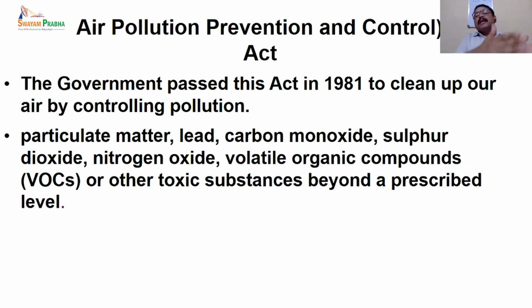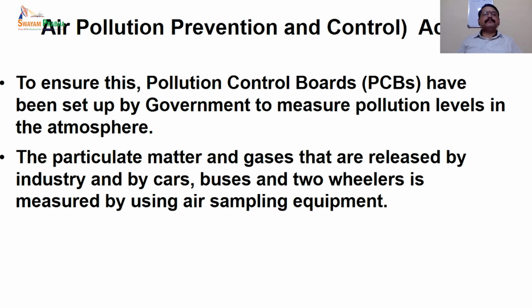So they give the list of prescriptions. This is the threshold level. Beyond this level, if it is found, it can be penalized. So that is what this Air Pollution Prevention and Control Act speaks.